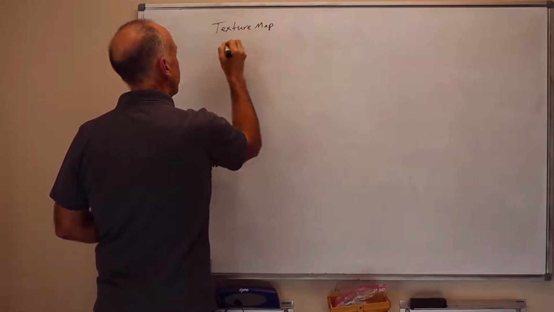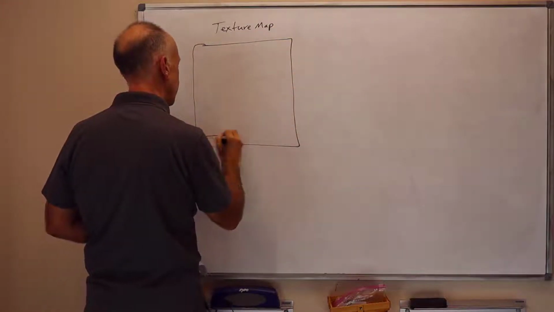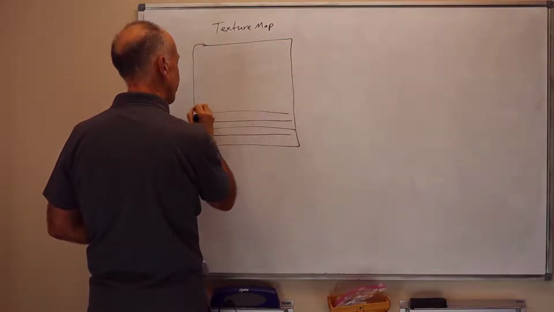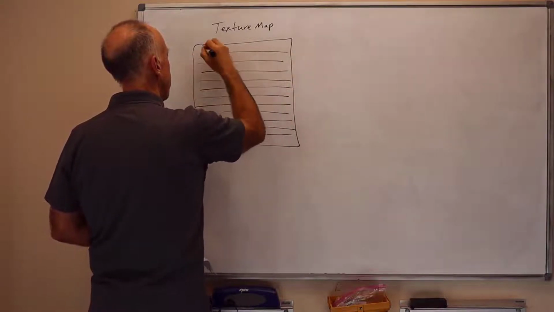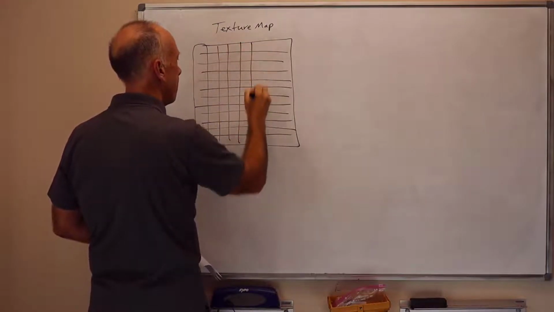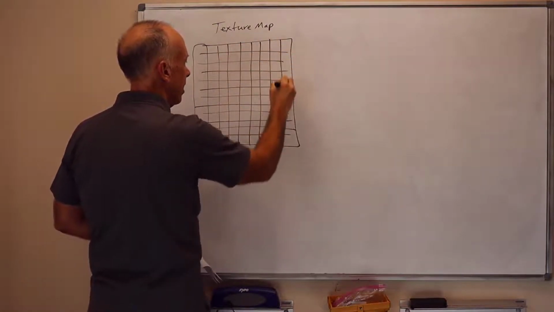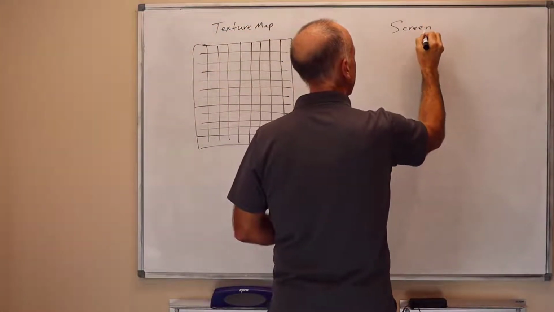We've got a high resolution texture map here with lots of pixels. Try to draw lots of pixels here. And then we've got a lower resolution screen with relatively few pixels.